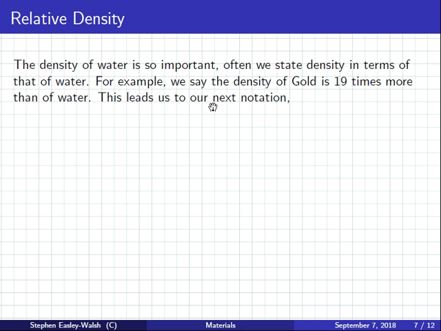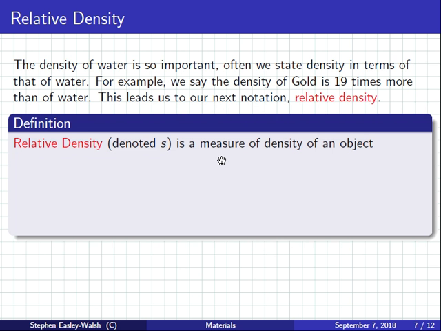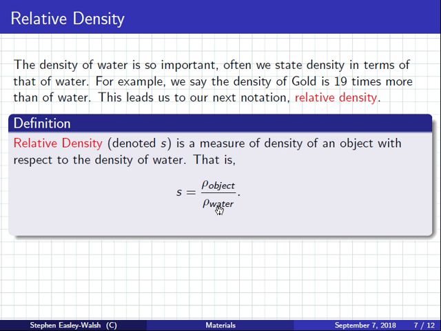Often we want to compare the density with water. The relative density of an object is the density divided by the density of water. For gold, it would be 19,320 divided by 1,000. So the relative density of gold is 19.32.